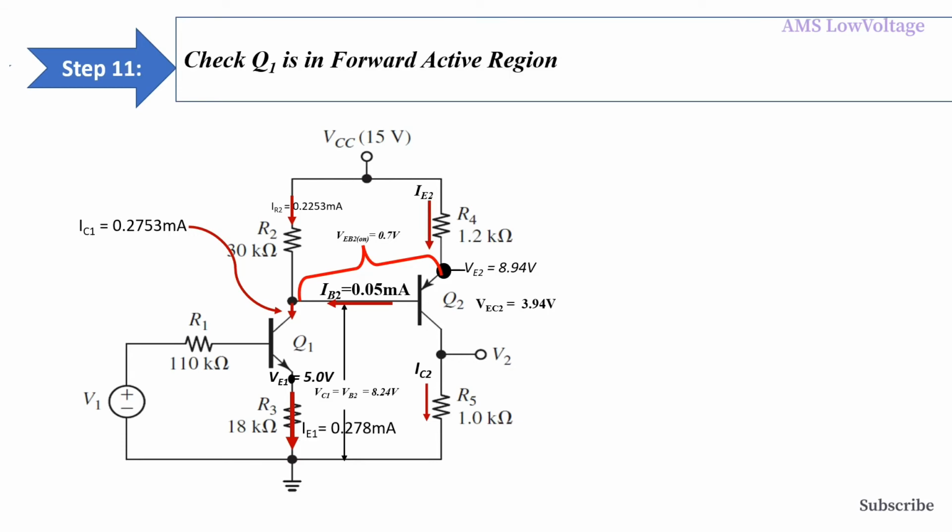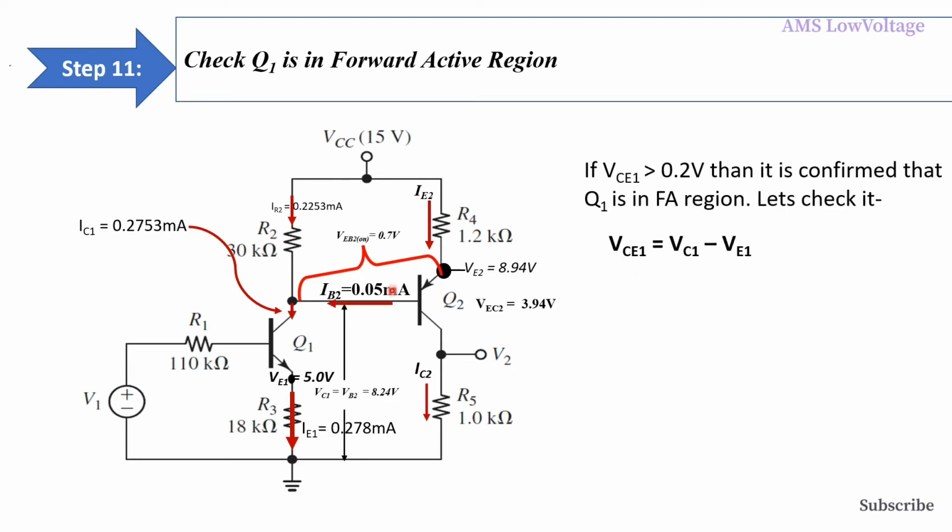Step 11. Now we check that transistor Q1 is in the forward active region. How can we check this? If the voltage between the collector and the emitter is greater than 0.2 volt, the transistor is in forward active region. So VCE1, the voltage between collector and emitter, equals VC1 minus VE1.